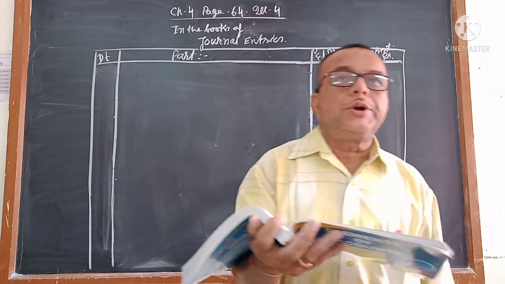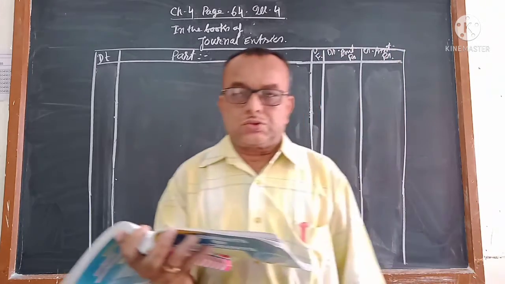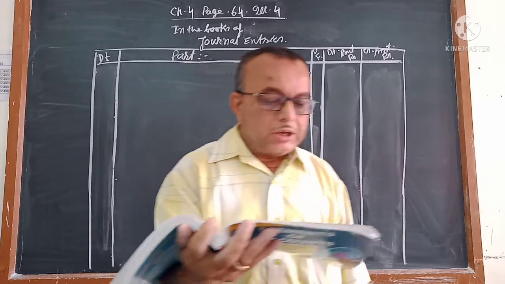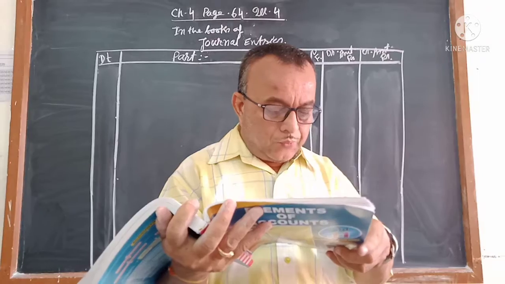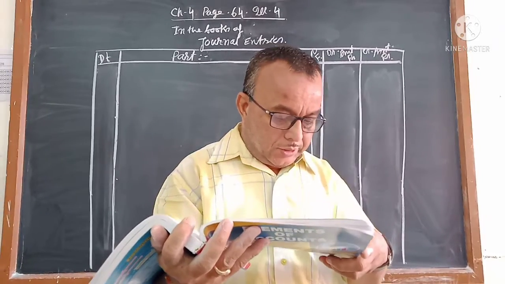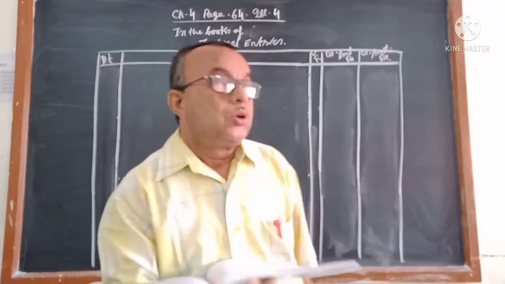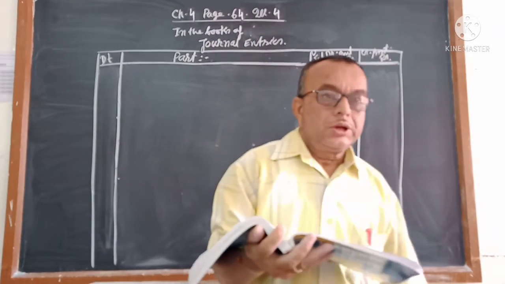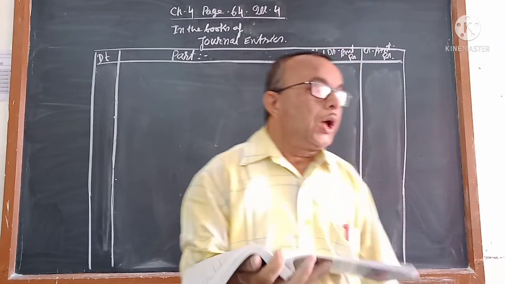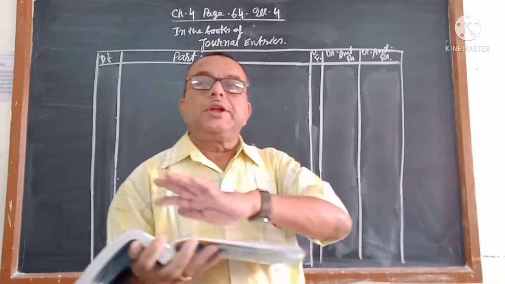Illustration 4, after completing it, then I will go to the exercise questions. In illustration 4 you have 14 transactions for the month of April 2014. It is given, and I will not write all of them, since it is already written in your textbook.